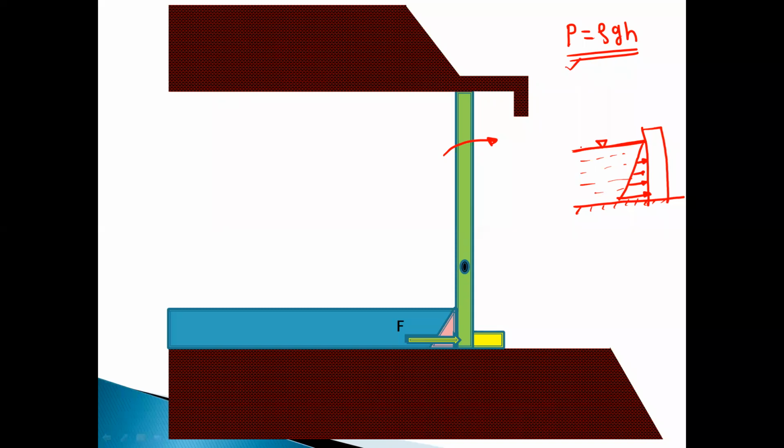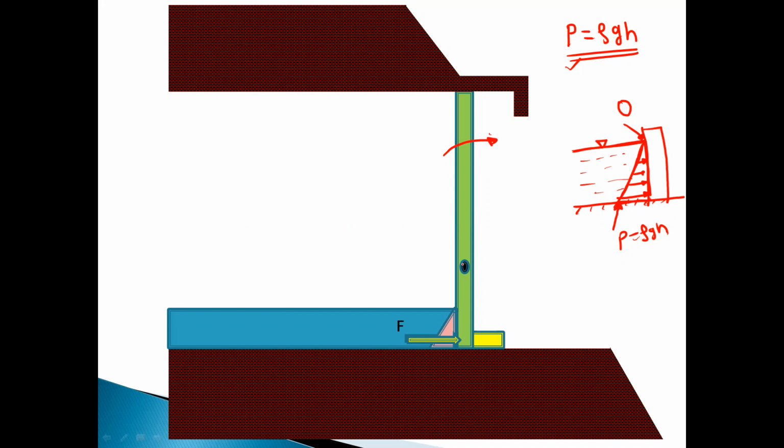Okay, so at the free surface of the water, that is at this point, pressure intensity will be 0, and pressure intensity is maximum at this point, which is given by this equation rho g h, and therefore we get this pressure distribution which is a uniformly varying load. Okay, so the same principle is used while designing this automatic gate opening mechanism.